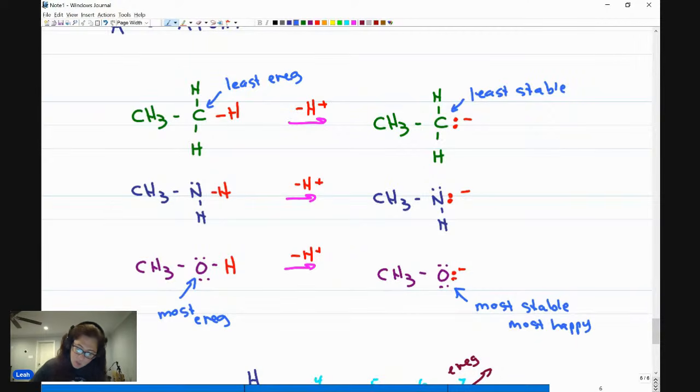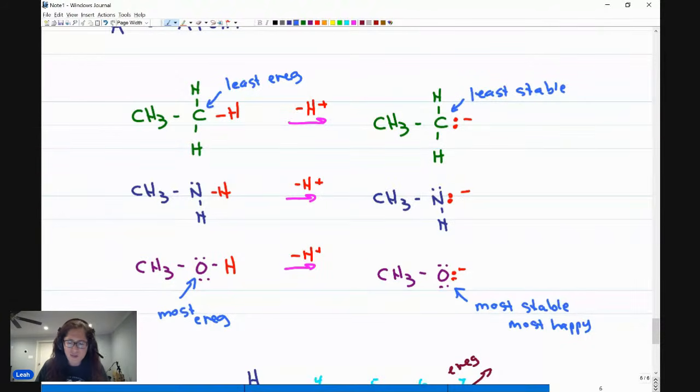And so even though we couldn't tell from the neutral molecules which one is happy or unhappy, we can very easily tell on the product side. If carbon is least stable, most unhappy, it does not want to form. Like my toddler at bedtime, kicking and screaming and stalling. My goodness, this kid is so creative at coming up with reasons he does not want to go to sleep or daycare.